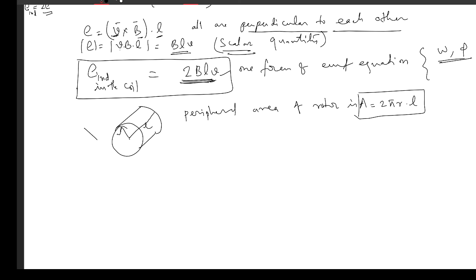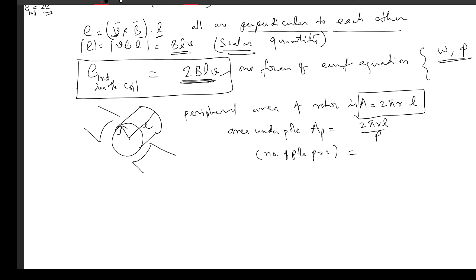Now if I want to calculate the area coming under only one pole, the area under the pole is AP, which is equal to 2 pi r L by P, where P is the number of poles. Here P equals 2, so AP is pi r L.